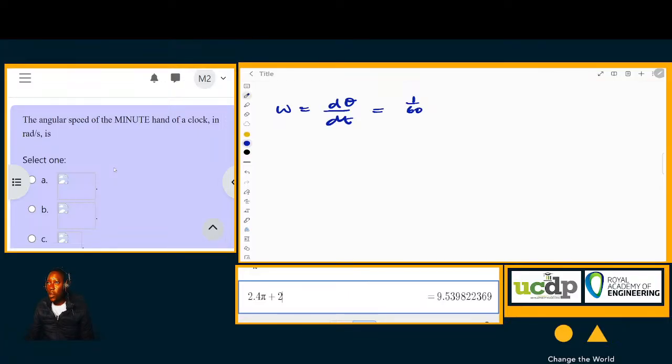Remember, for the minute hand to go through the whole cycle, it has to go 60 minutes. So the rate at which it is going through that 60 minutes is when it goes 1 minute, 1 minute to have moved a fraction of 1 over 60 of 2π.